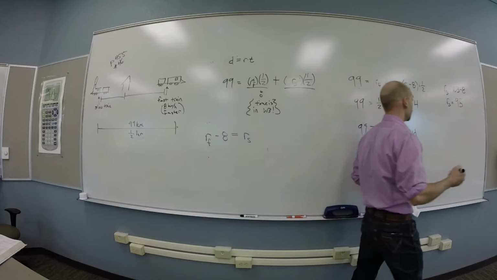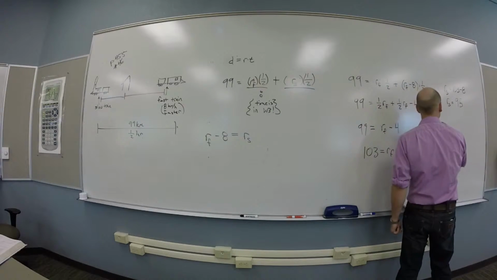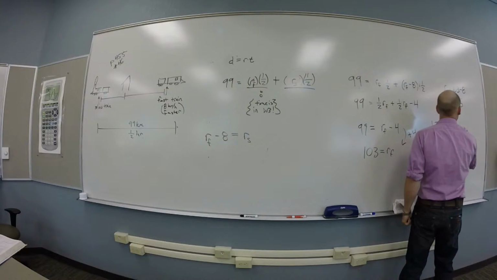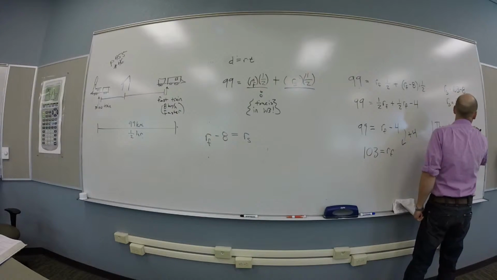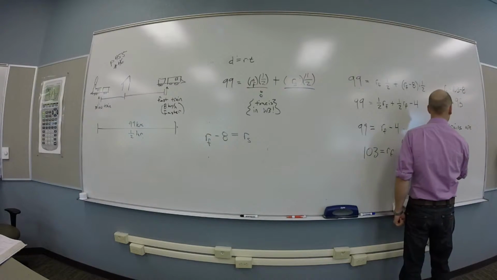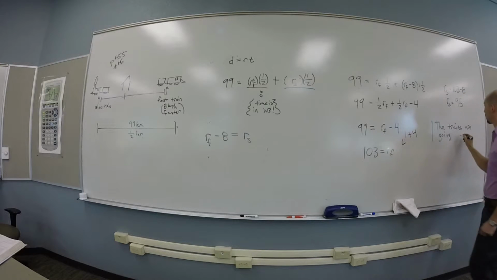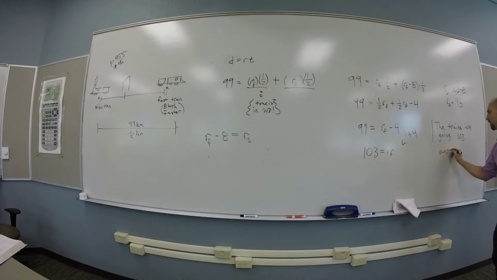I should probably put some units on that. So I would say the trains are going 103 and 95 kilometers per hour.